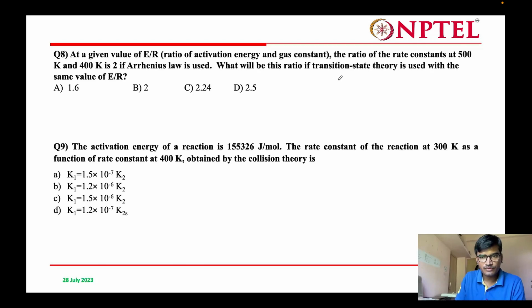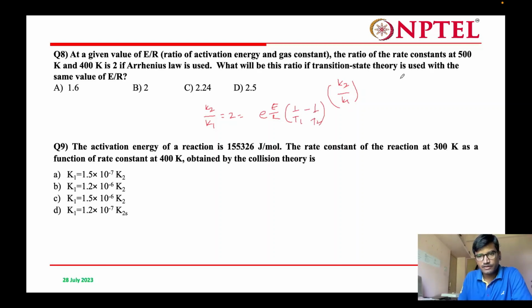So how to calculate K2 by K1 using the transition state theory. Based on the Arrhenius law, at temperature, K2 by K1 is equal to 2, which is E by R into 1 by T1 minus 1 by T2.